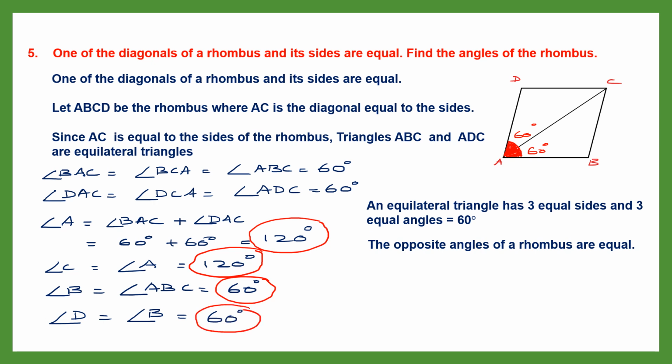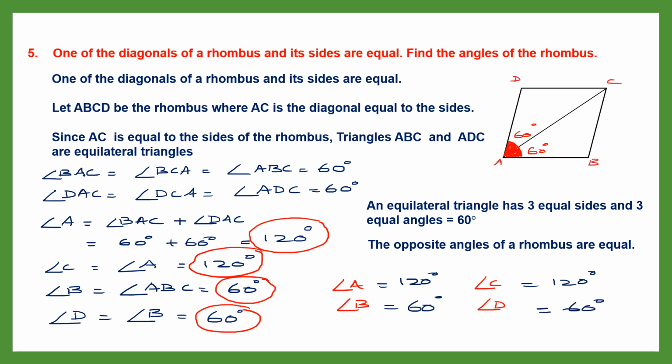So let's see, angle A, angle B, angle C, and angle D. Let's see how much these are. Angle A we said is 120 degrees. Angle B is 60 degrees. Angle C is 120 degrees. And angle D is 60 degrees.